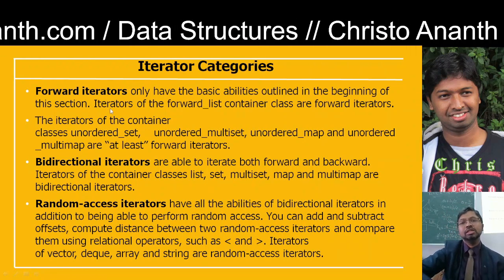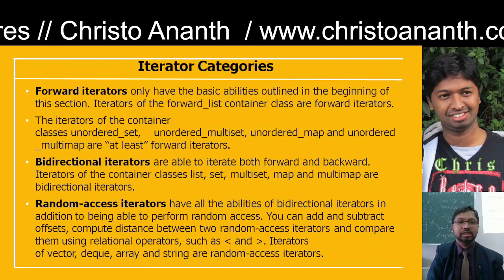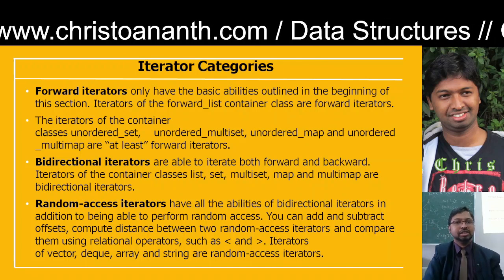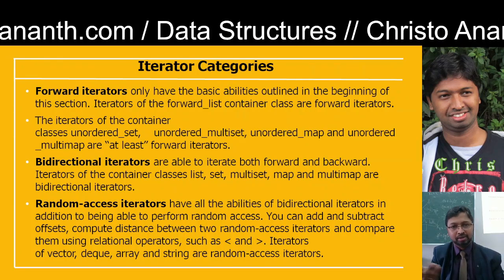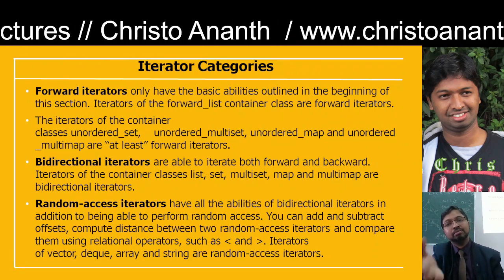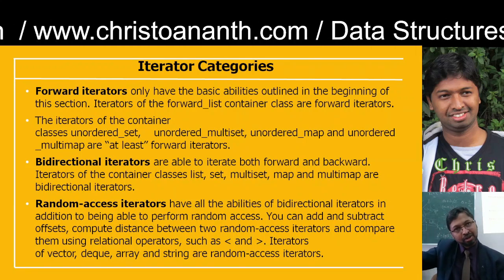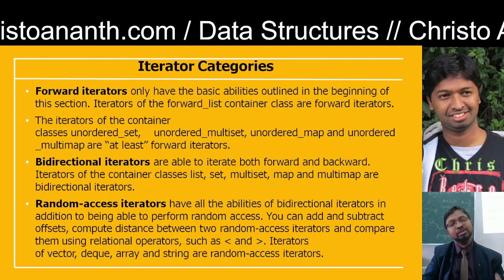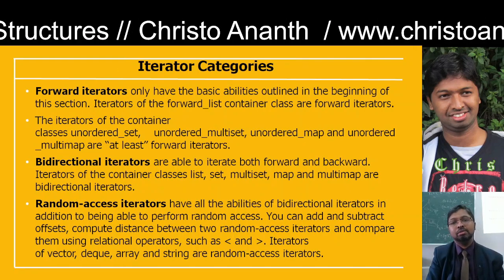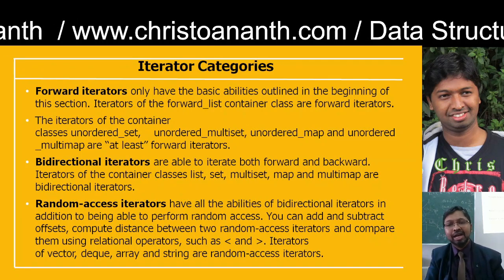Forward iterators have the basic capabilities, and they belong to the classes unordered set, unordered multiset, unordered map, and unordered multimap. So that's forward. Bidirectional means both forward and backward. Here you have the classes list, set, multiset, map, and multimap.